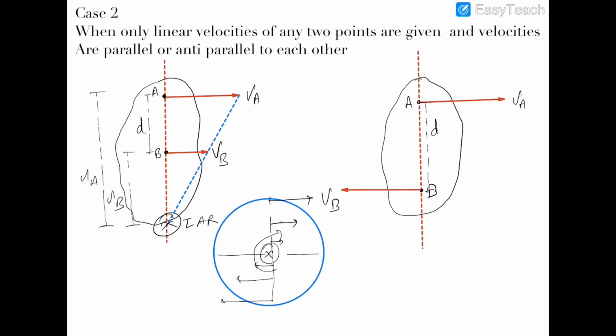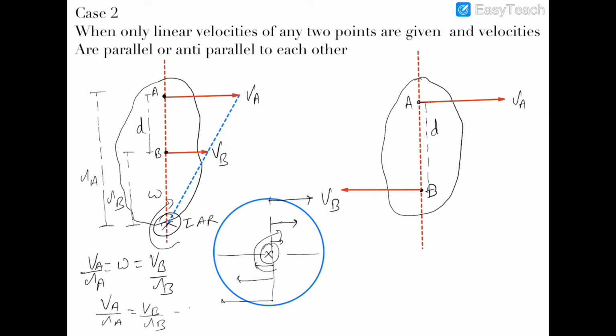So we can equate the omega. Let us suppose that omega is the angular velocity, which is not given in the question. So VA upon RA is equal to omega, and VB upon RB is also equal to omega. So equation 1 is VA upon RA is equal to VB upon RB.